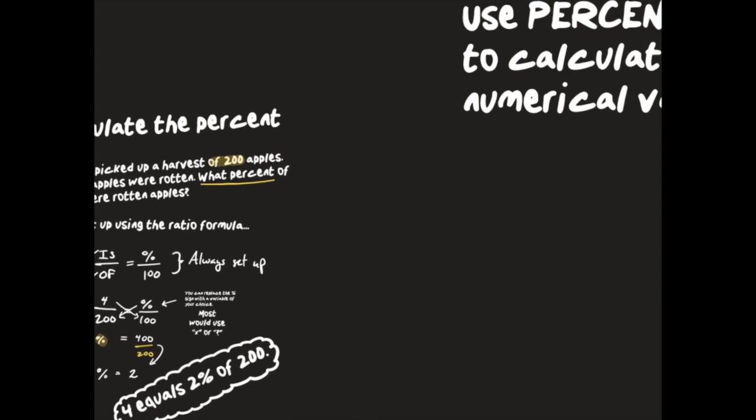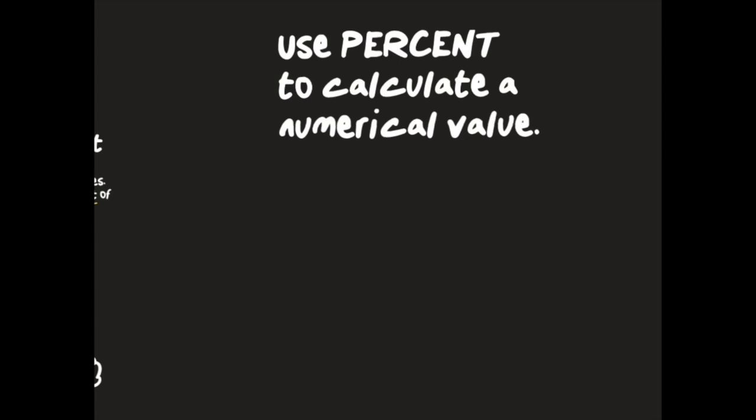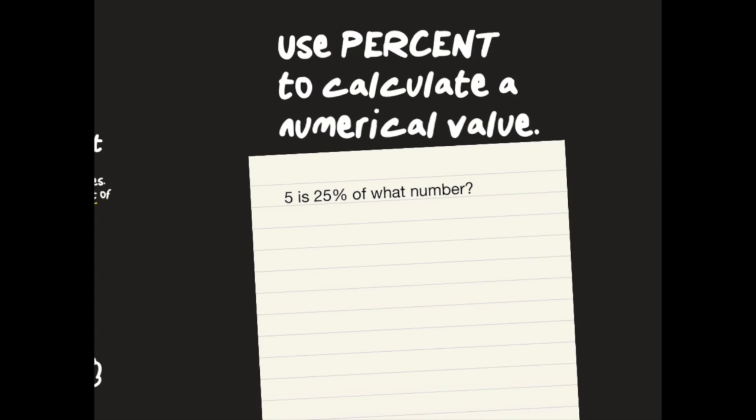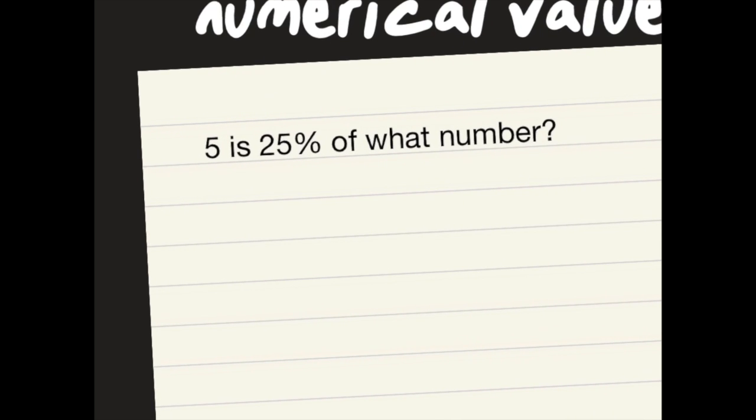Our next example, we are going to use percent to calculate a numerical value. This question wants to know 5 is 25% of what number? And as we stated before, everything is going to start with the setup. So our setup is is over of is equal to percent over 100.